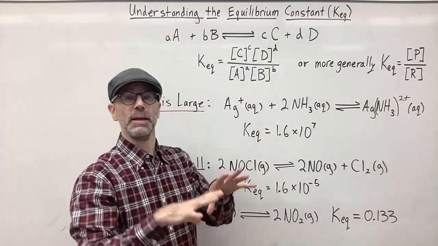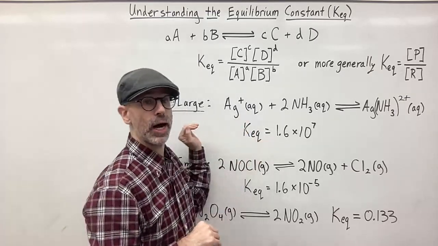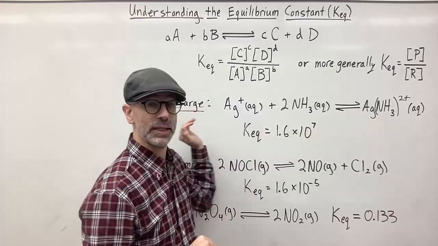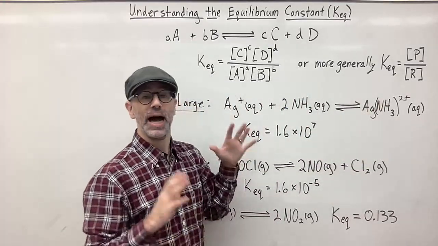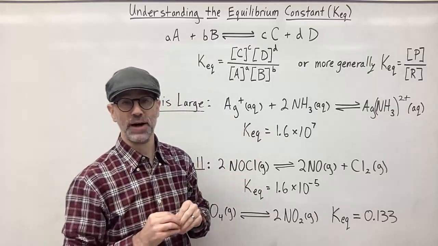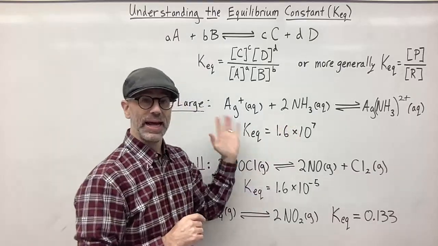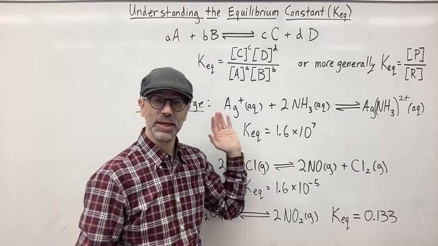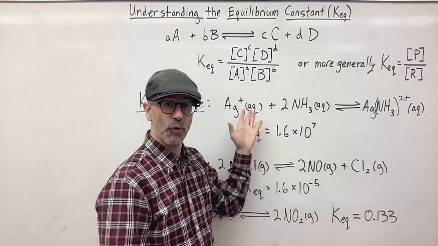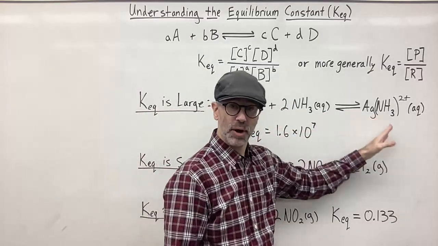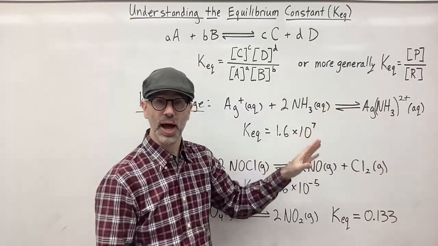So from the macroscopic view, it would look like this reaction went 100% this way. It completely formed this product and I have none of this left. However, at the microscopic level, if I was to take a picture, I would still see some of this, right? And so again, we're in a dynamic equilibrium, so this is still going to be forming product while the product is going to be reforming reactant. So this is still going on.